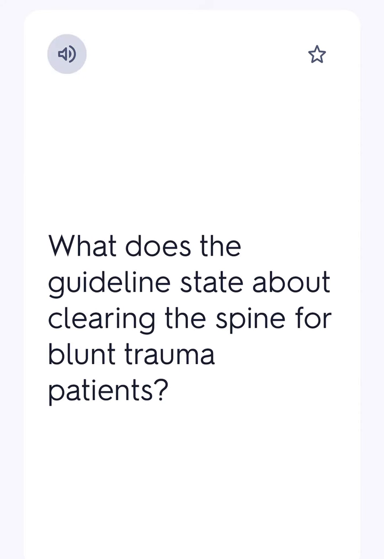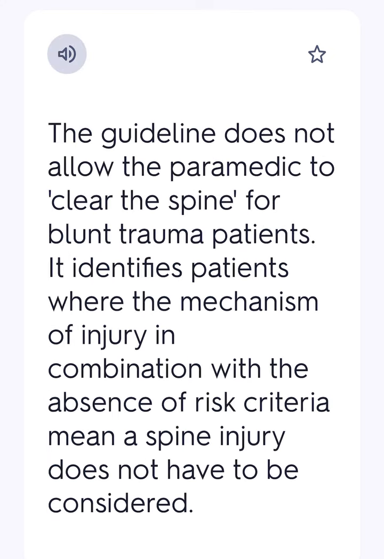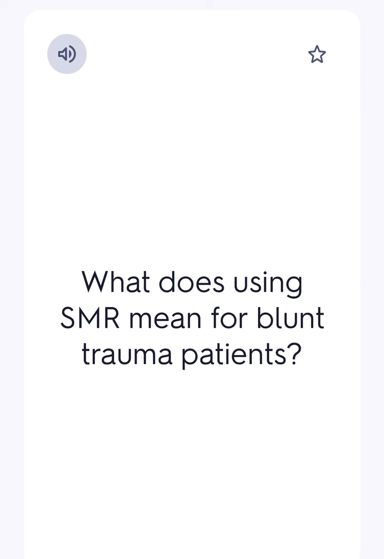What does the guideline state about clearing the spine for blunt trauma patients? The guideline does not allow the paramedic to clear the spine for blunt trauma patients. It identifies patients where the mechanism of injury in combination with the absence of risk criteria mean a spine injury does not have to be considered. What does using SMR mean for blunt trauma patients?